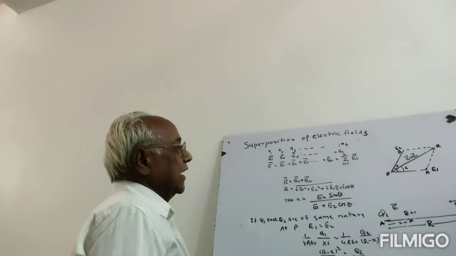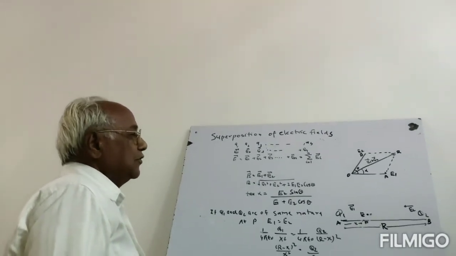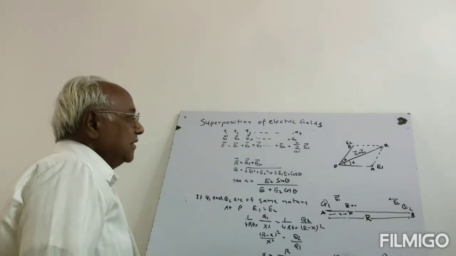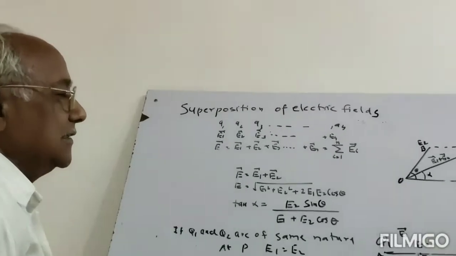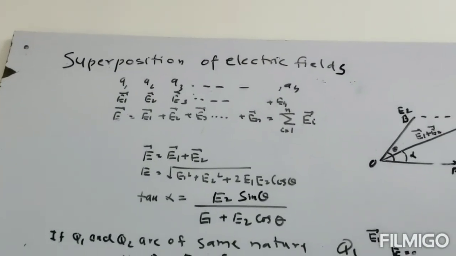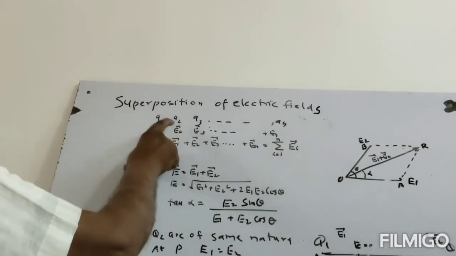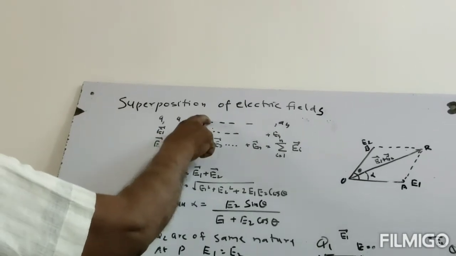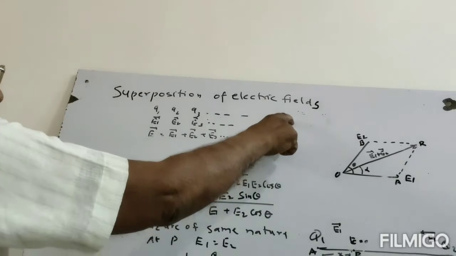Superposition of electrical fields. If there is a system of charges and we have to find the resultant electrical field at a point, let Q1, Q2, Q3, up to Qn be the charges and their electrical fields at that point be E1 due to Q1 charge, E2 due to Q2 charge, E3 due to Q3 charge, similarly En due to Qn charge.